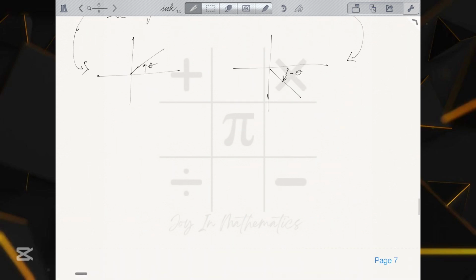Now let's deal with the case of quadrants. A quadrant in itself represents 90 degrees. If you have a unit circle in a Cartesian plane, the unit circle has a total angle of 360 degrees.